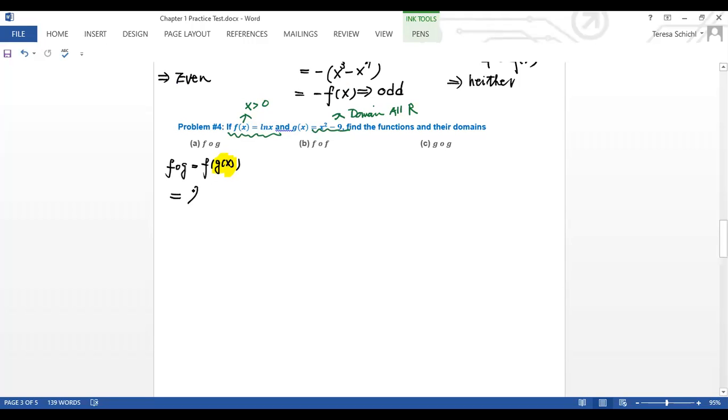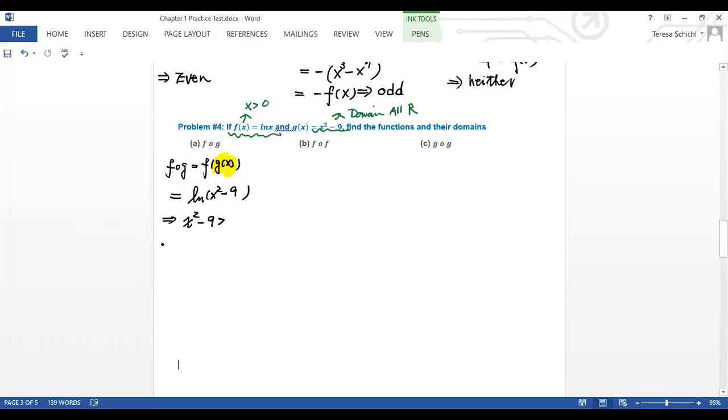So this is a natural log, so x is x squared minus 9. So it's natural log of x squared minus 9 here. And because the natural log, I know, has to be greater than 0, the domain here means x squared minus 9 has to be greater than what? Greater than 0, right? Okay.